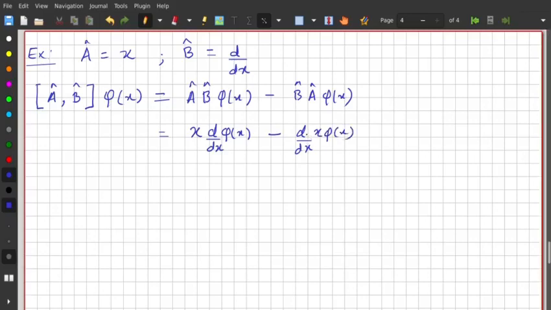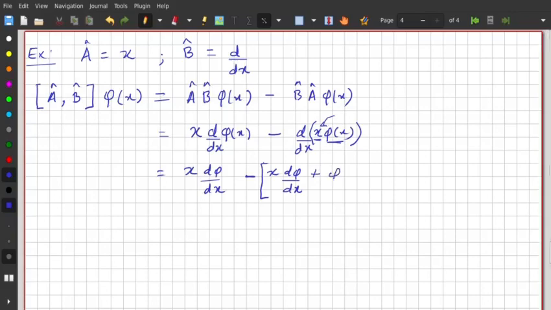Now you see what is happening here. This becomes x d phi/dx minus the derivative of x phi. Because this is a product of two functions, x and phi of x, we can use the product rule of differentiation. So this becomes x d phi/dx plus phi, because the derivative of x with respect to x is 1.